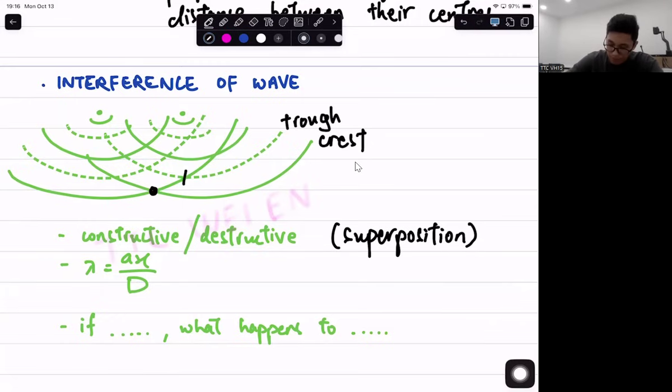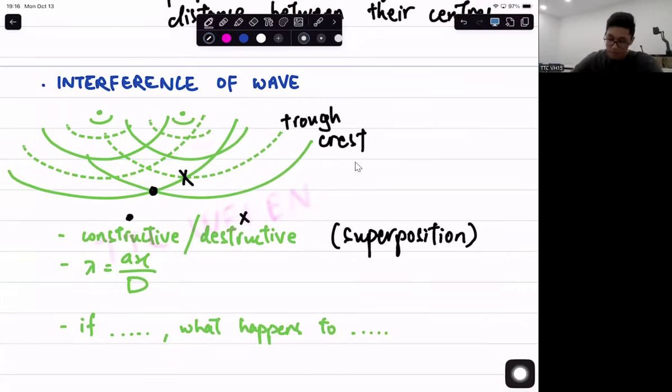Then what about here? Why here got soft sound? Because the crest and the trough superposition. That one we call destructive interference. If up and down, that's called destructive. Okay, so meet together, see what happens. Constructive or destructive interference. Okay.